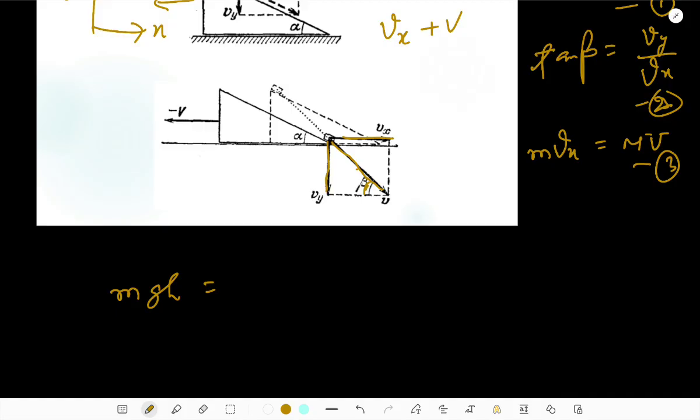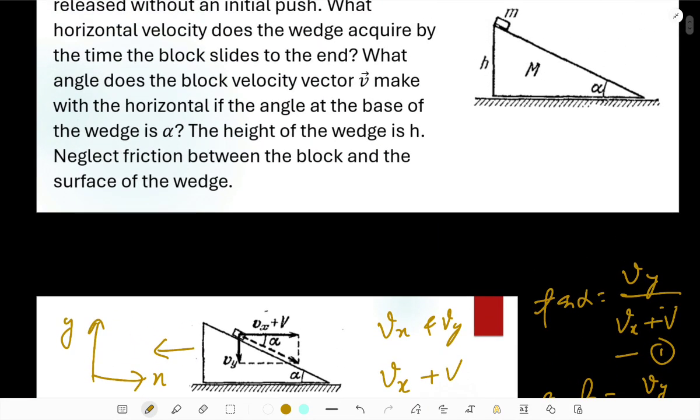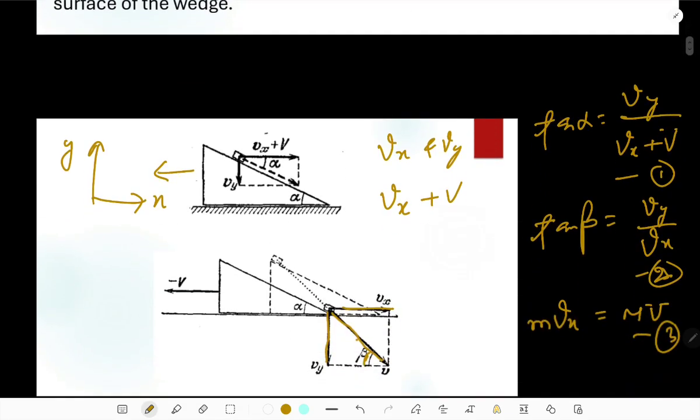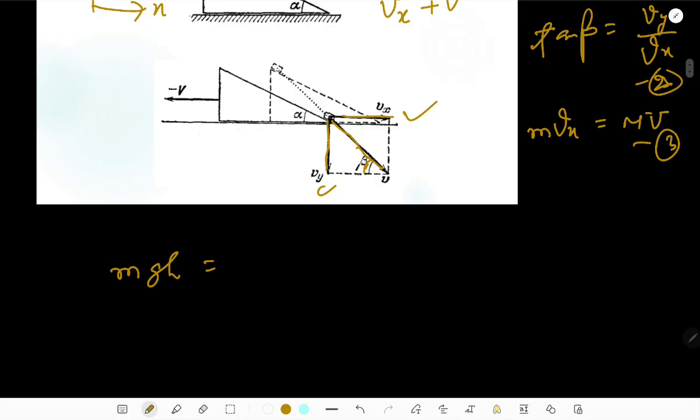And in this question it was asked what horizontal velocity the wedge acquires by the time the block slides to the end. So I relate only the initial and final positions, and these Vx and Vy, whatever the velocities are, are the velocities at the final moment. Yes, so I will keep everything in spirit.